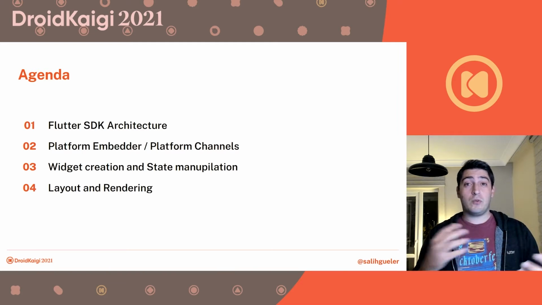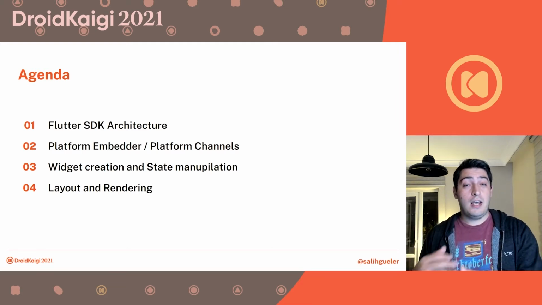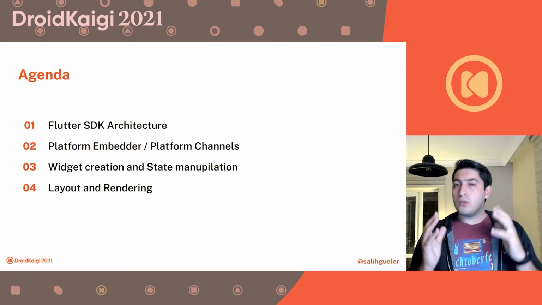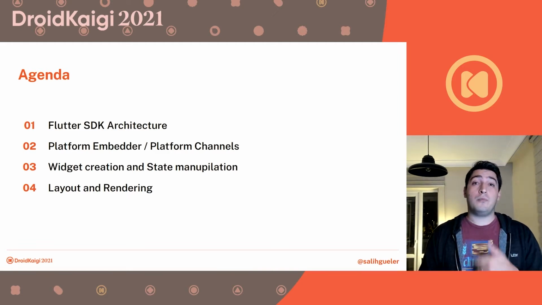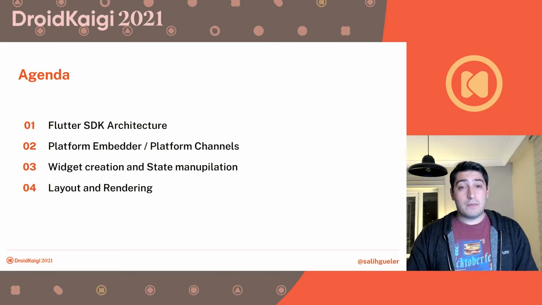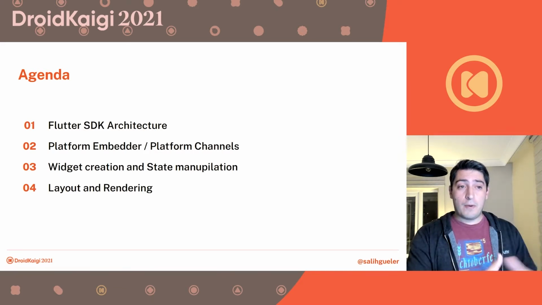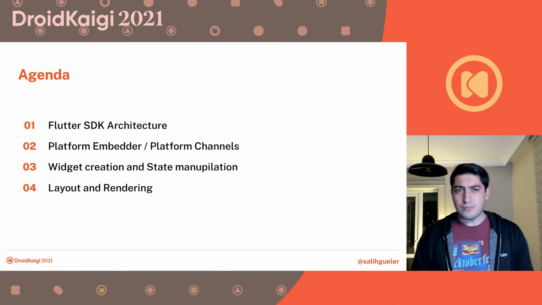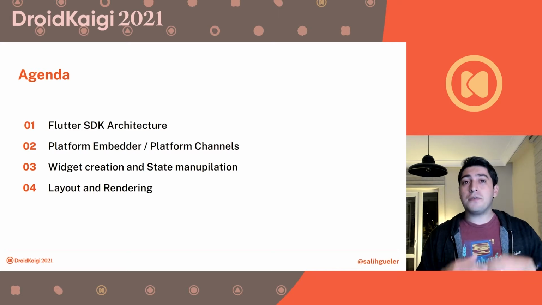This means how we communicate with the platform, the host that we are in, and how we get values out of it. Next, we will talk about widget creation, what widgets are and how we manipulate them. And lastly, we will talk about layouting, how we do UI implementation, and how rendering works in Flutter. It seems like quite big topics, but don't worry, everything will be all right.